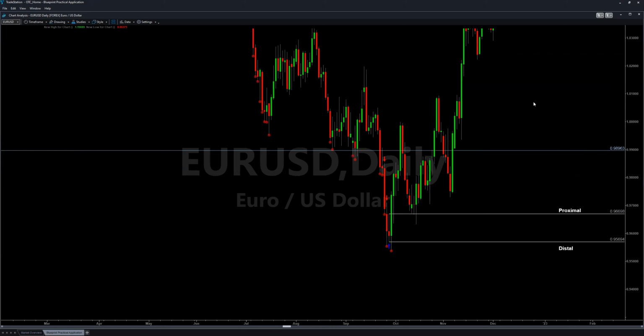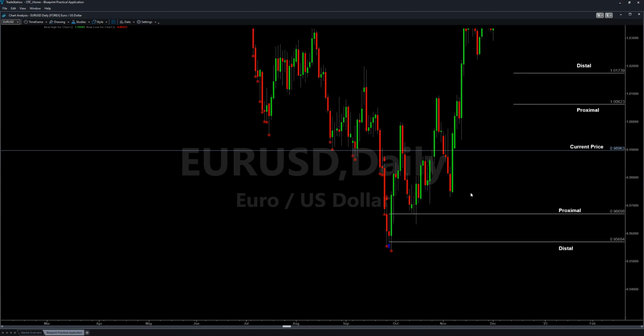For example, supply here. Of course, the proximal line is here, and the distal is here. Proximal line always close to the current price, and distal always far away from the current price. Very easy.